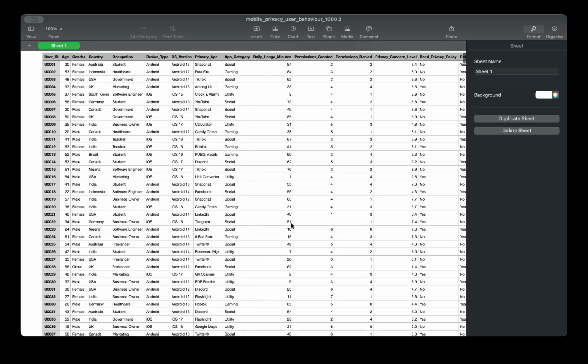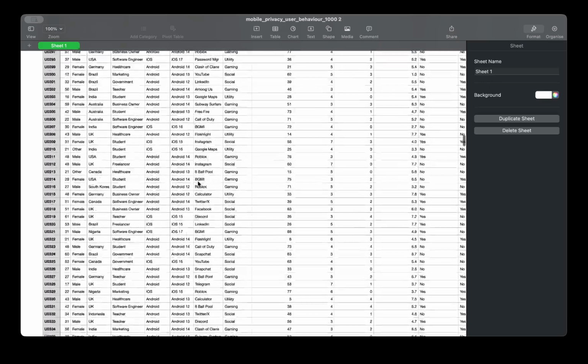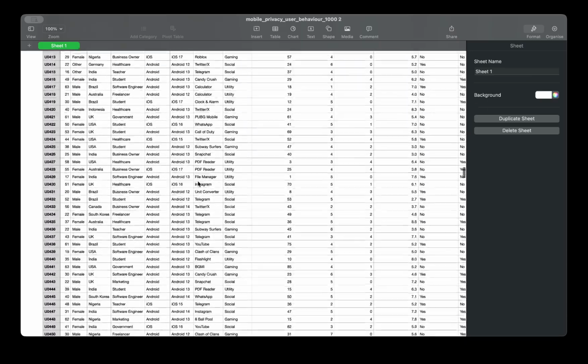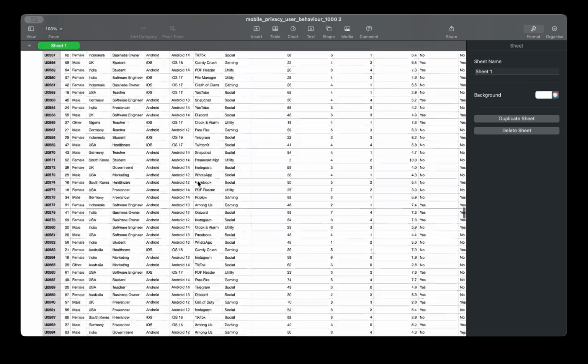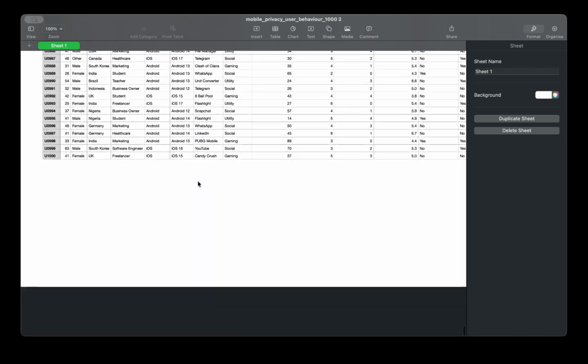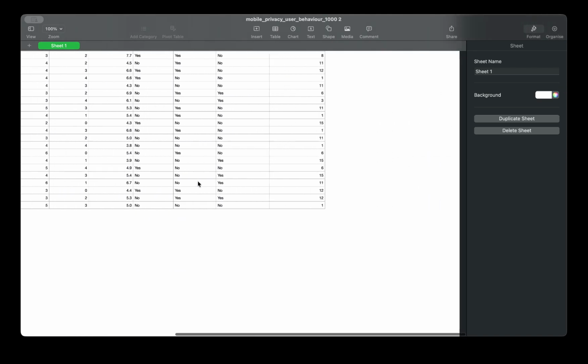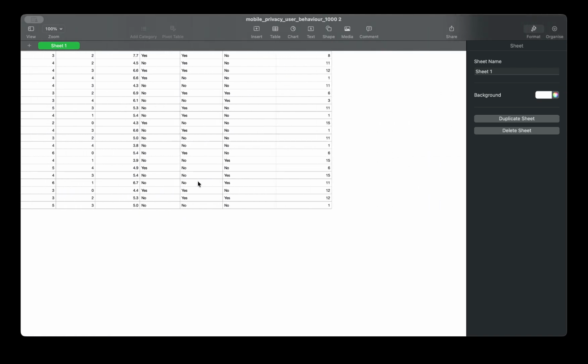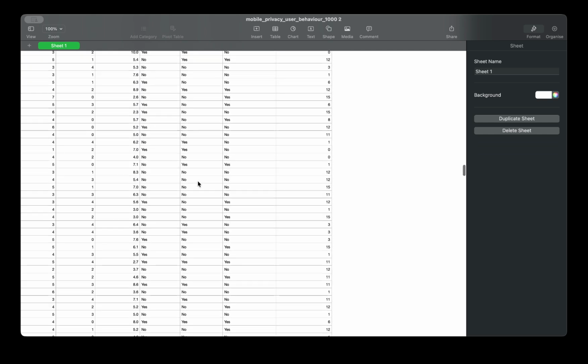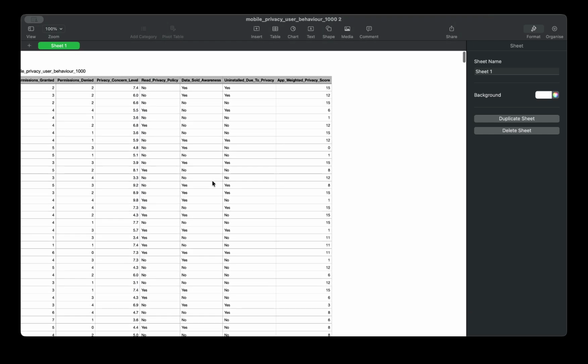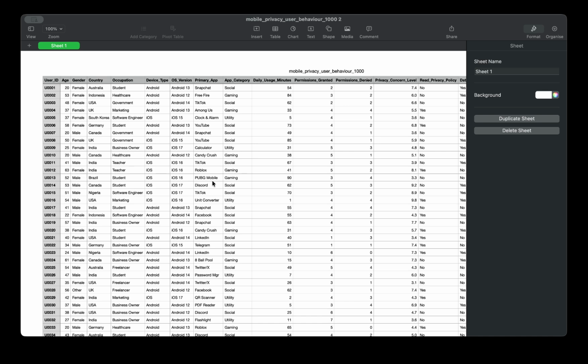The dataset overview. First, let me introduce you to the dataset. We have 1000 user records. If you see here, these are the 1000 user records, with up to 17 columns, covering things like age, gender, country, occupation, and device type, Android or iOS.